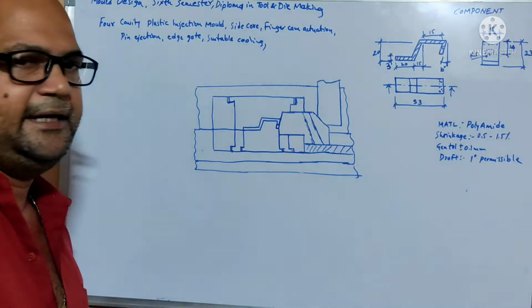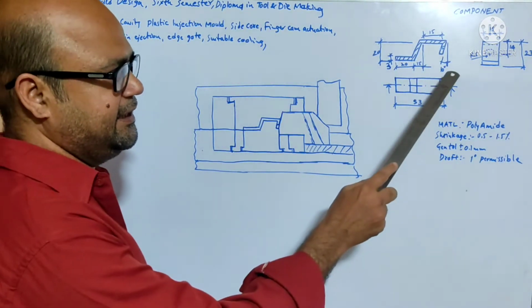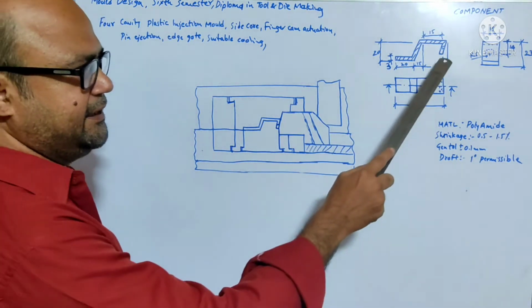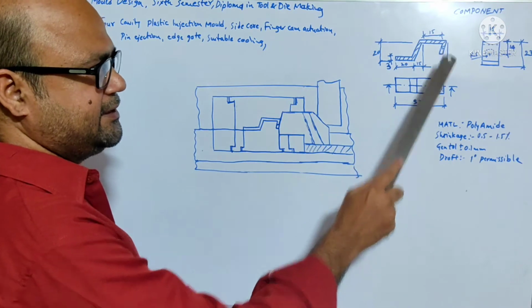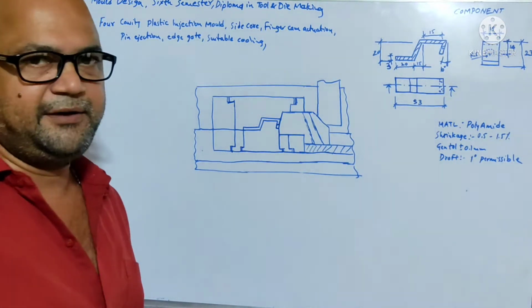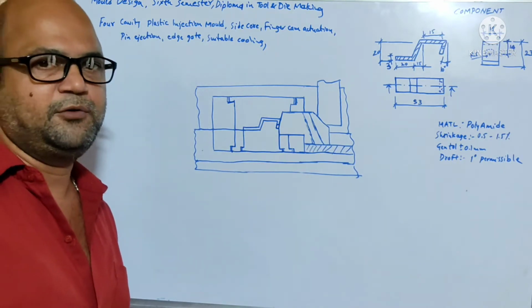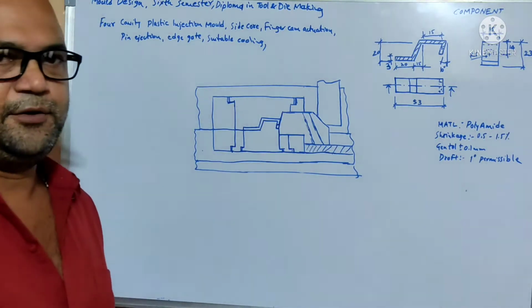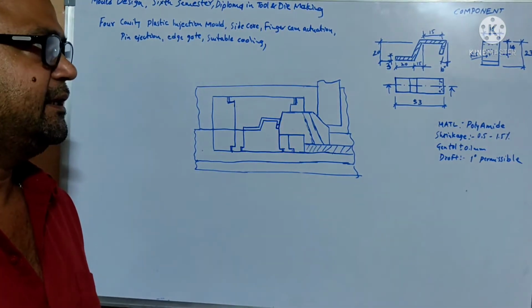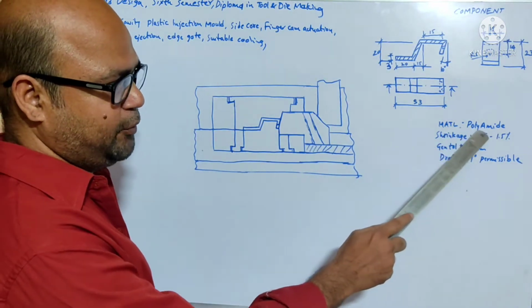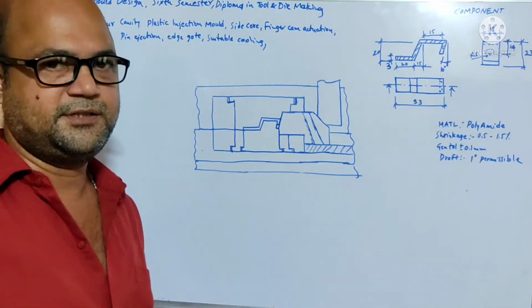The slant height angle is 10 degree, and here is the depression in the component, for which we require the side core. The component is made of the material polyamide or nylon 6.